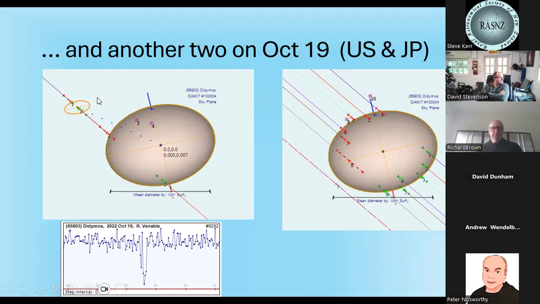Thanks. Really helpful. Now, one of the interesting things I'll point out here, there's Dimorphos and there's Didymos. There's these groups of numbers in here. That's part of the occultation reduction. Now, I haven't properly done it on here, but for a centre of mass of a binary system, I can adjust the reporting system for the astrometry so that these numbers all become zero.